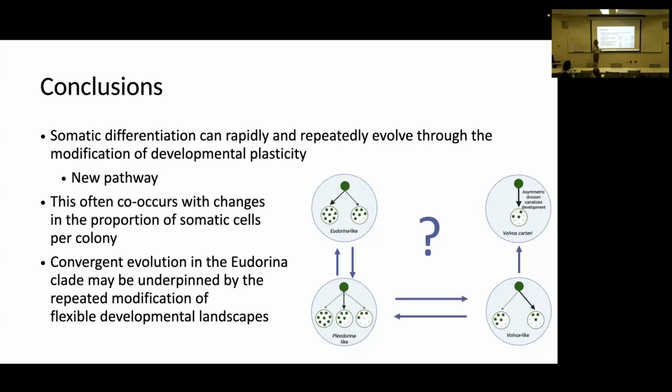The only way you see Volvox carteri that has a smaller proportion of somatic cells is when they have a mutation that causes the loss of obligate differentiation. So this derived developmental program is really entrenching, or canalizing, development.